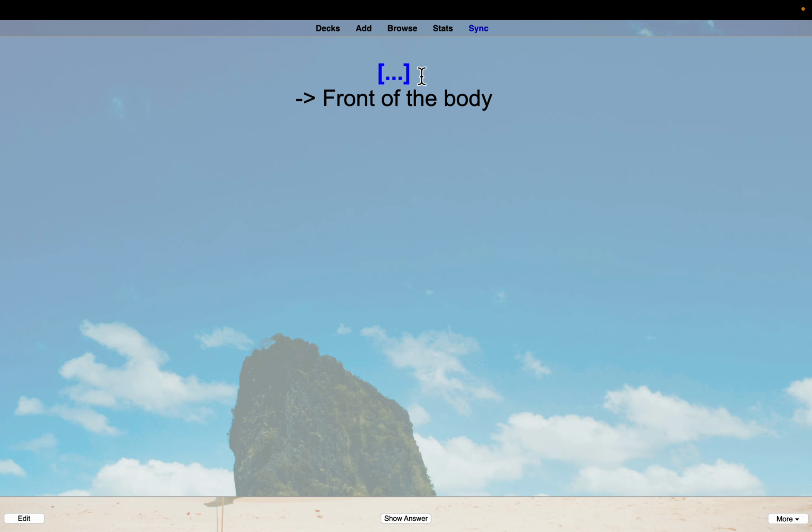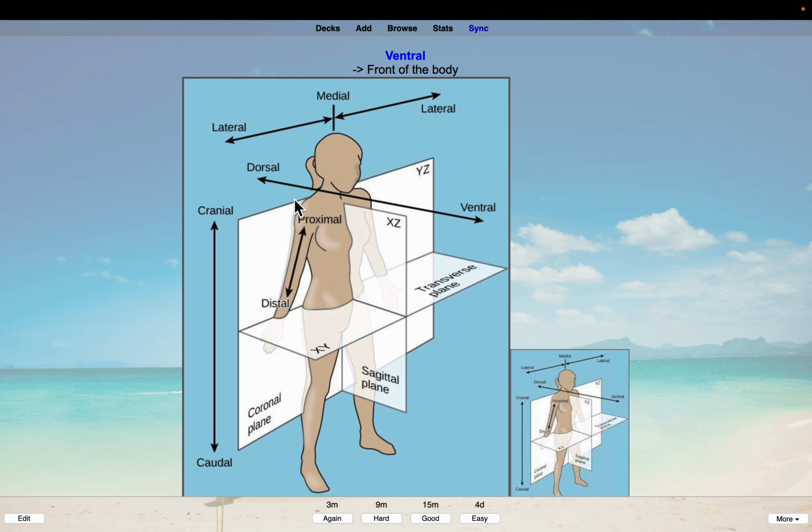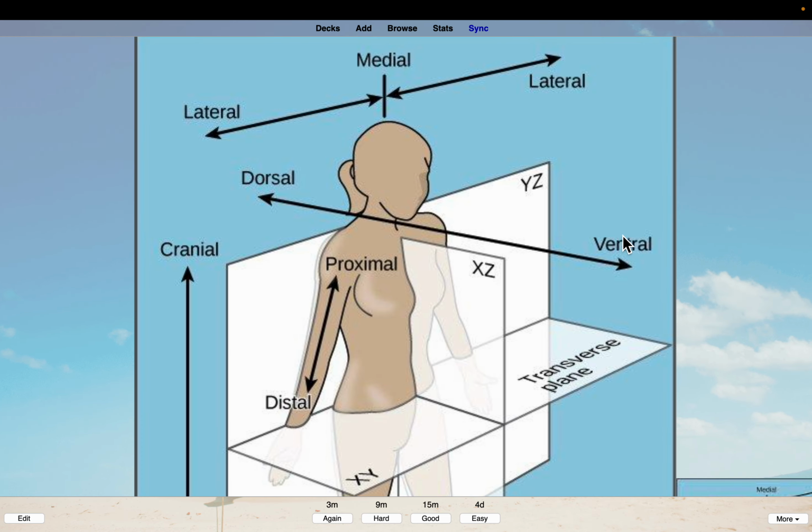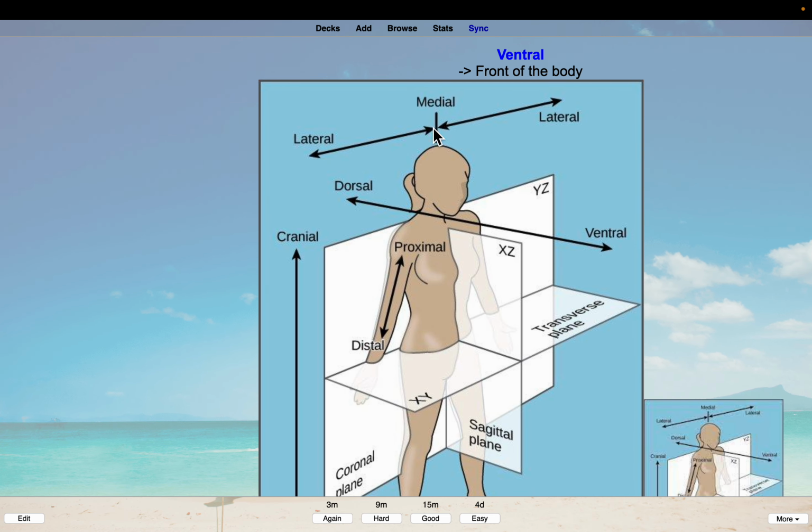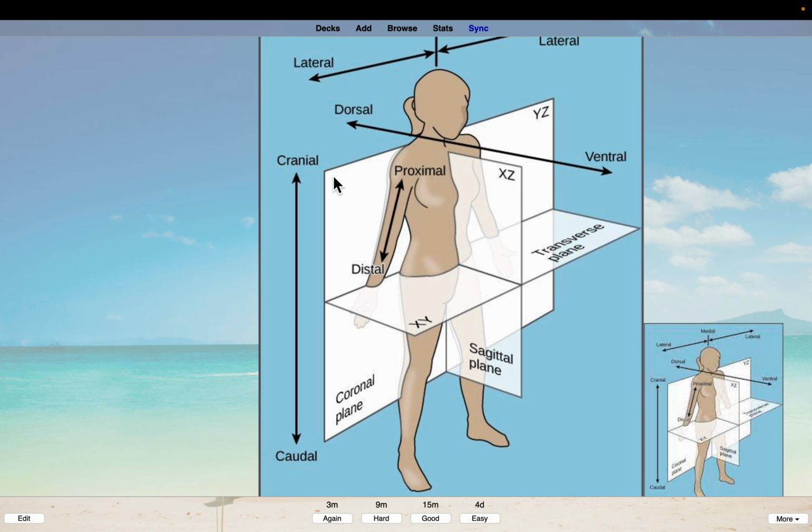Front of the body, ventral. Yep. So dorsal is at the back, ventral is at the front, medial is the medium, basically the center. Lateral is left, right. Cranial here, caudal there.